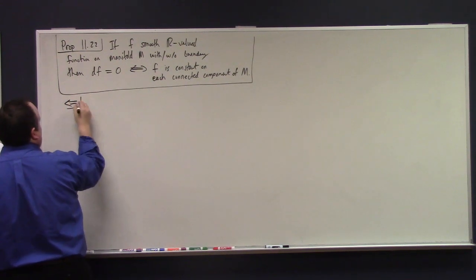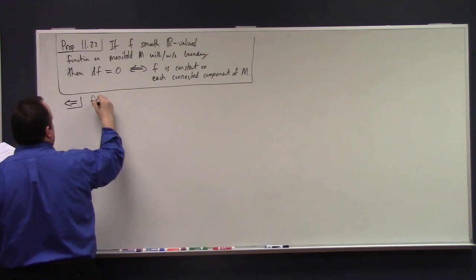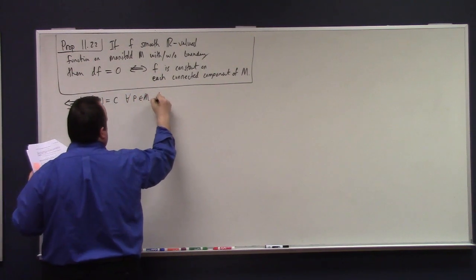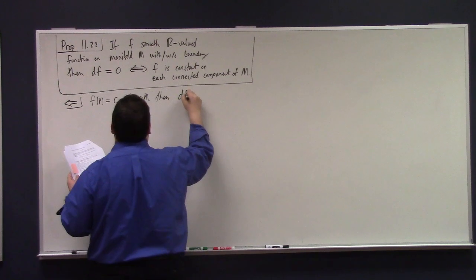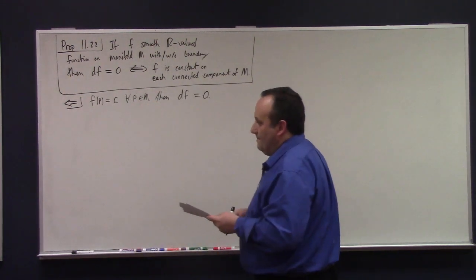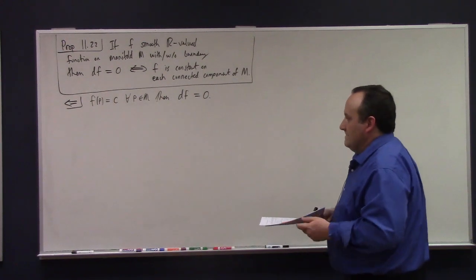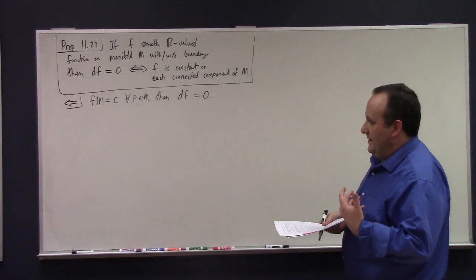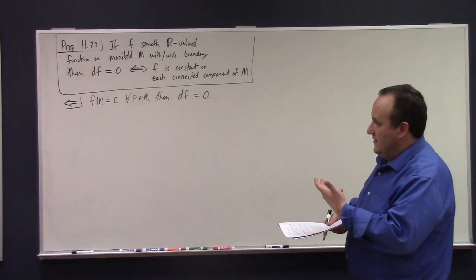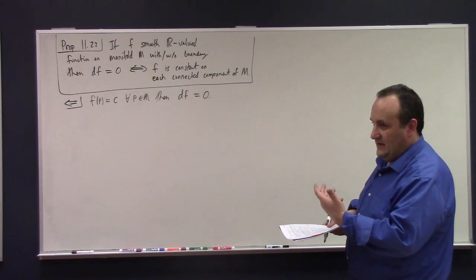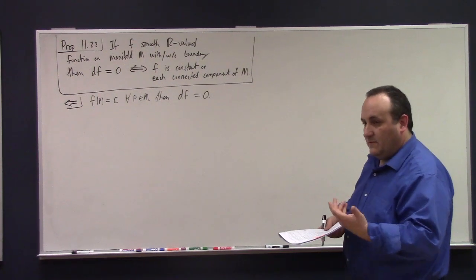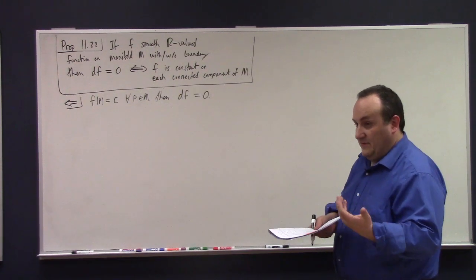So if f of p is equal to c for all p in M, then df is equal to 0. Okay, great. And you can see that by the definition, right? If you let a vector field act on a constant function, we proved that was 0 a long time ago. If it's 0 for every constant function, then df is equal to 0.